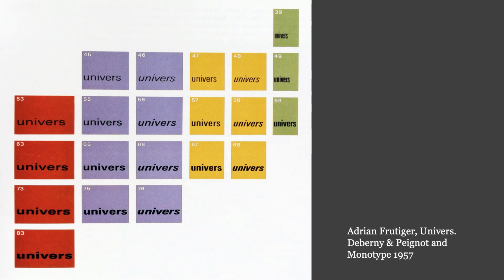I'm going to wind this little survey up with a reference to a type that very nearly killed off Monotype, who went into business with Deberny et Peignot in Paris, employing a Swiss designer called Adrian Frutiger to make a kind of universal sans serif, which could treat the same basic design in different ways, different widths, different weights.